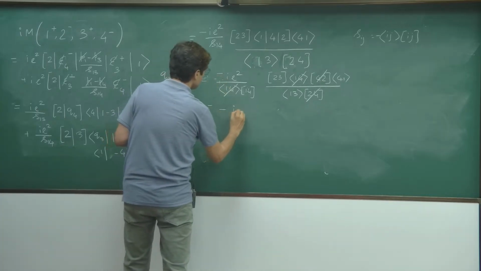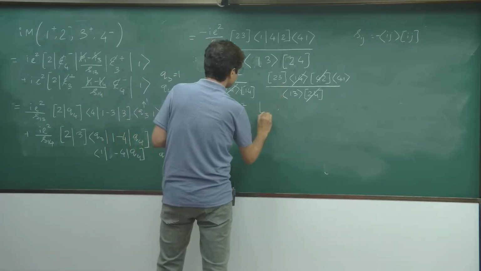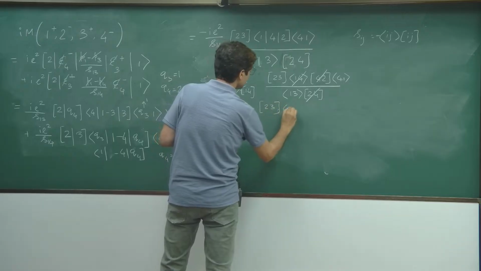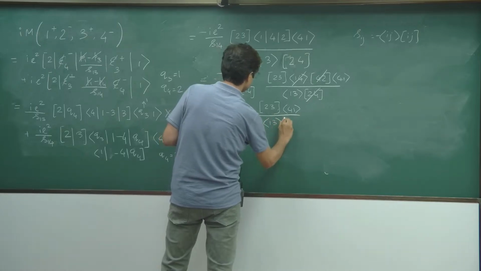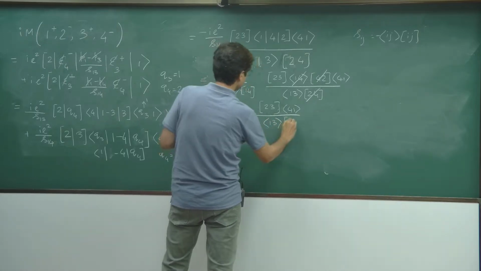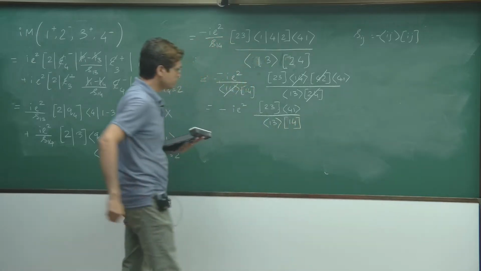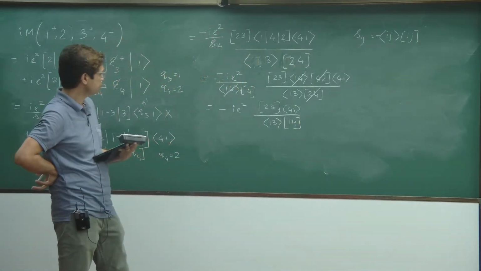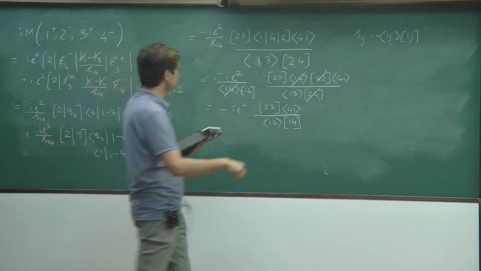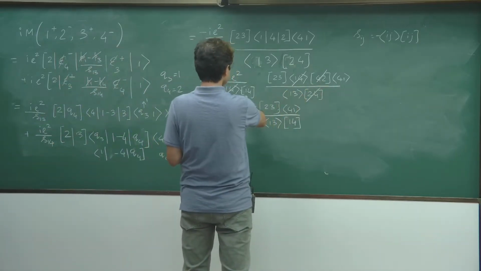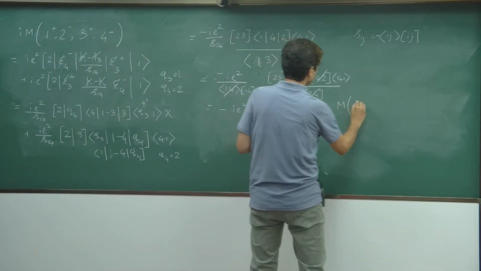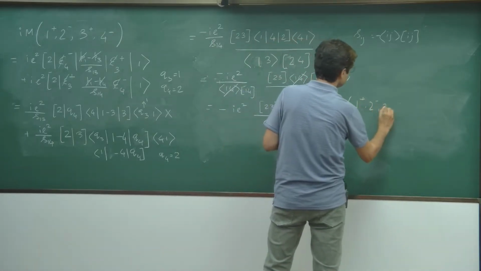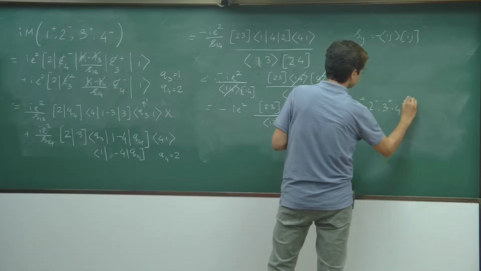So minus I square, the final expression is 2 3 4 1 divided by 1 3 1 4, okay. And this is the expression of m 1 plus 2 minus 3 plus 4 minus.